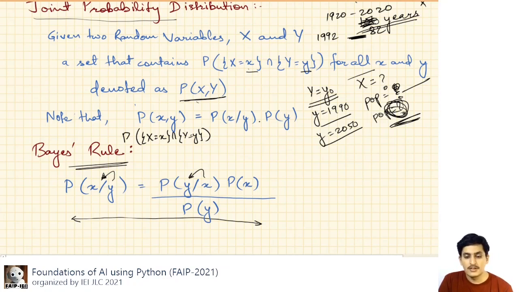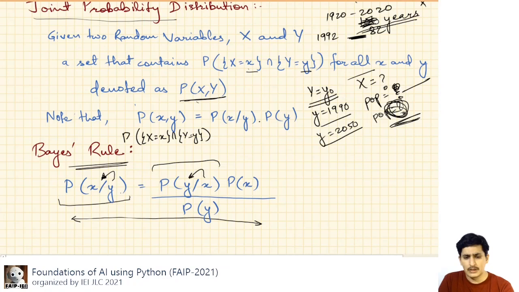The relationship that x has with y may not be the same as the relationship that y has with x. It could vary very largely. So this rule is useful when we have one of such relationships and we are trying to identify the other relationship.